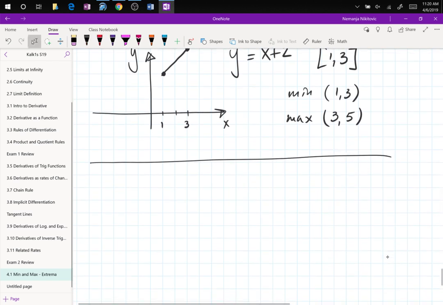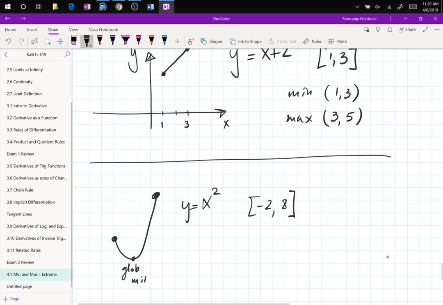We know that x squared has no max at all, but I can quickly come up with a version of y equals x squared on, let's say, negative 2 to positive 8, and all of a sudden you still have your global min, but now you also have a global max and another local max.